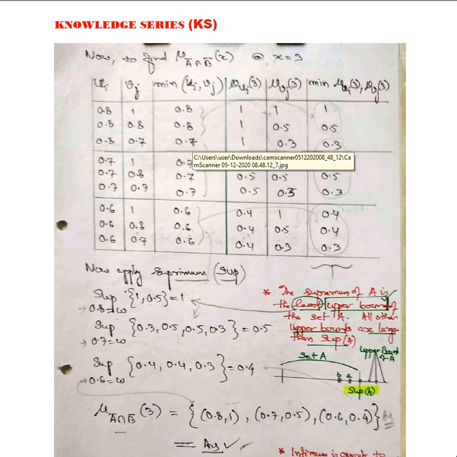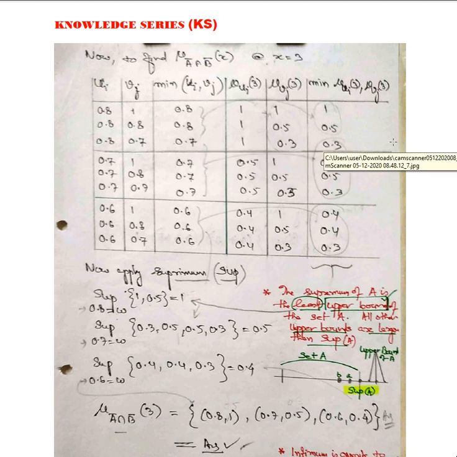So 0.8 group has these two, 0.7 group has these four, 0.6 group has these three. With respect to that, we have to map with them. So we are taking a supremum of 0.8. Supremum of 0.8 means we have already taken the minimum operation, now its maximum operation. So that means among these the highest one, that is 1.